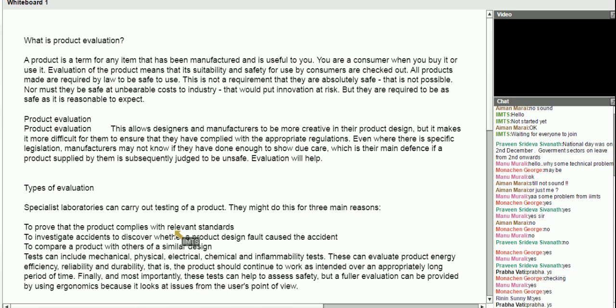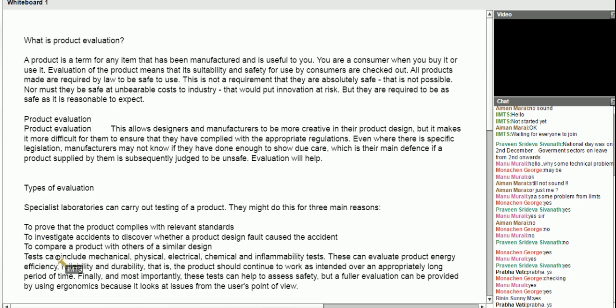They check what the characteristics of that product should be to overcome those accidents. It should not work as a fuel for those accidents, right? Third, to compare a product with others of a similar design. So for these three reasons, such laboratories do the testing.